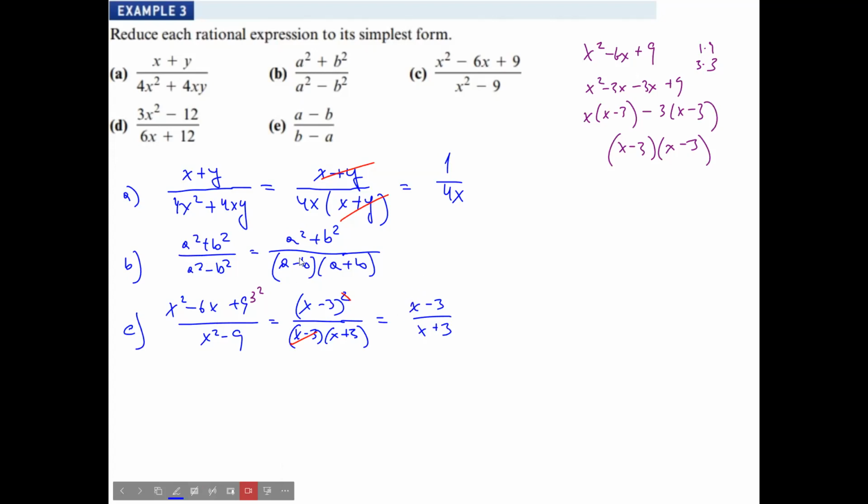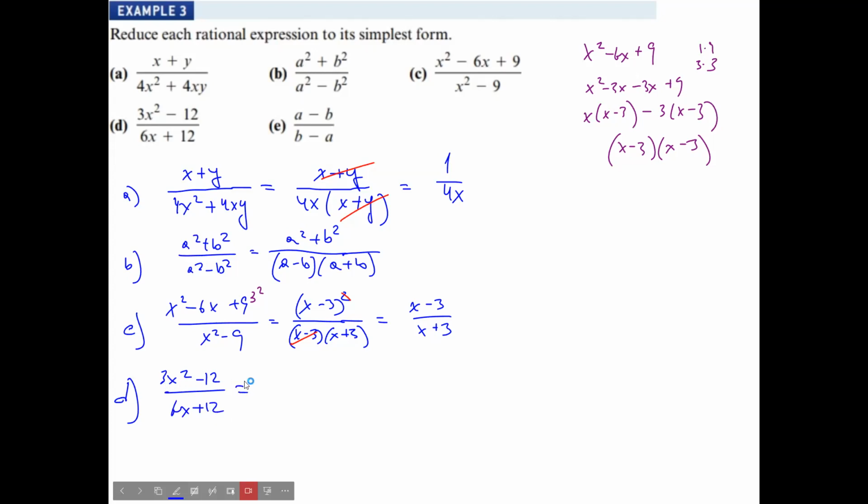So guys, as you see, either way or this method, probably we should start with analyzing the first element. Is it a perfect square, right? Aiming for that formula. Well, so D: 3x squared minus 12 over 6x plus 12.